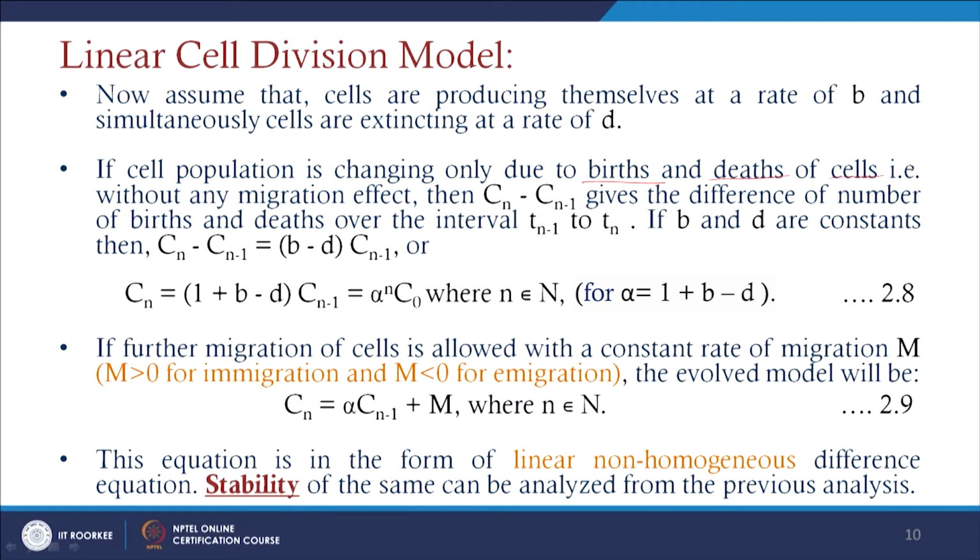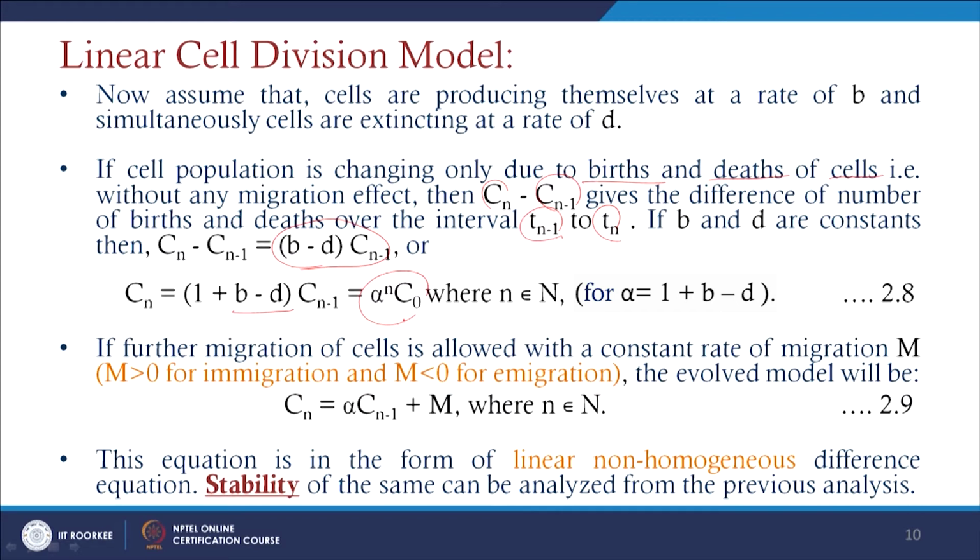Then C_n minus C_(n-1) gives the difference of the numbers of births and deaths over the interval t_(n-1) to t_n. If b and d are constants, then this can be represented as (b minus d) C_(n-1), or C_n can be written as (1 plus b minus d) times C_(n-1), which can be written as alpha to the power n times C_0, where n belongs to the natural numbers, if alpha equals 1 plus b minus d.